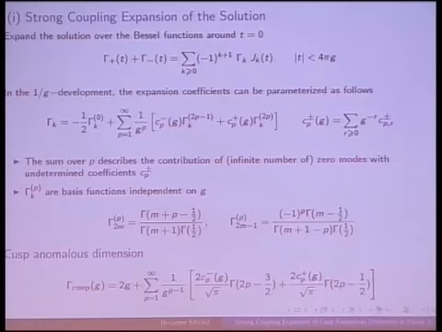So we look for a solution with coefficients that admit a development in 1 over g. There we have an infinite number of zero modes, and so an infinite number of coefficients that we have to determine. These objects are known and have explicit expression, and the cusp anomalous dimension, or its large g expansion, is expressed in terms of these coefficients as follows.